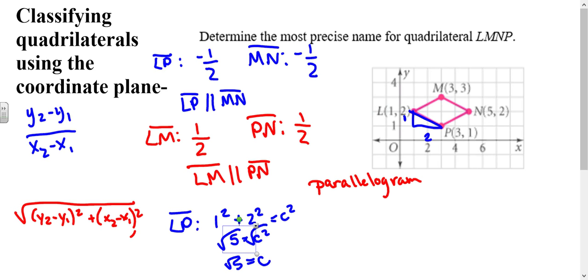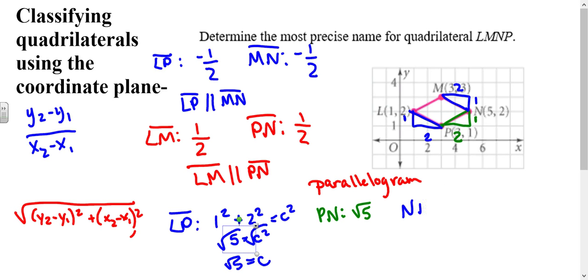Okay, now if I want to check PN, if I look at my triangle, this side is 1, this side is 2, so it's also going to be the same thing. So PN is also going to be the square root of 5. If I check this one, this triangle would be up 1 and over 2, so it's going to have the same thing.